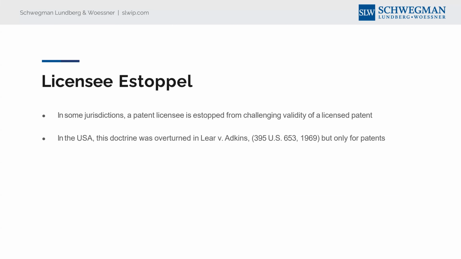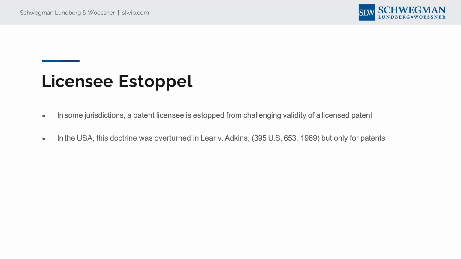Licensee estoppel, and I'm sorry, I'm kind of whipping through these a little bit faster because we're running up close to time. Licensee estoppel. This is a situation where somebody holds a license to a patent and maybe is getting a little tired of paying their licensing fees and decides maybe it'd be more cost effective to get out from under it by saying, this patent I've been licensing, I don't think it's valid.